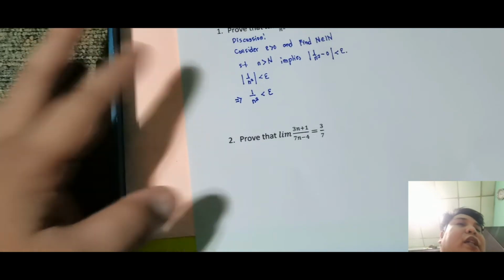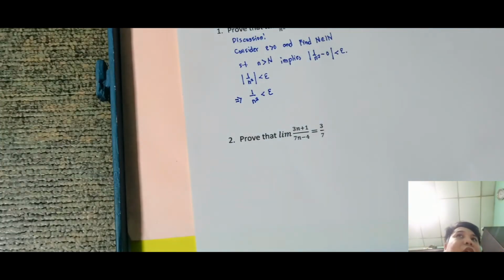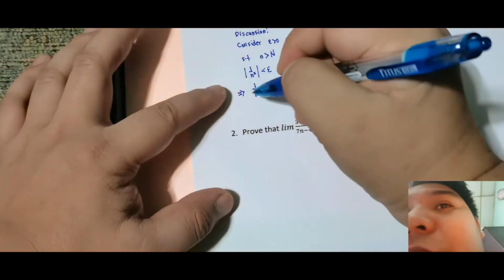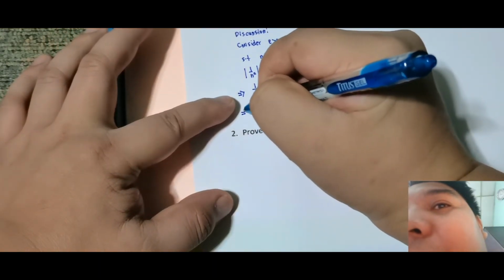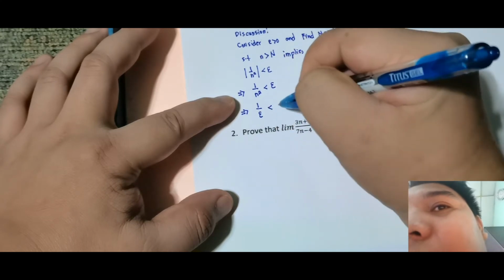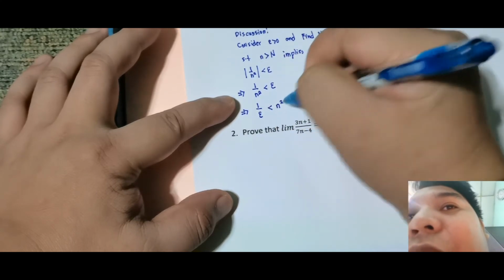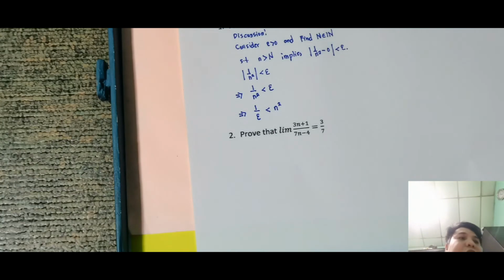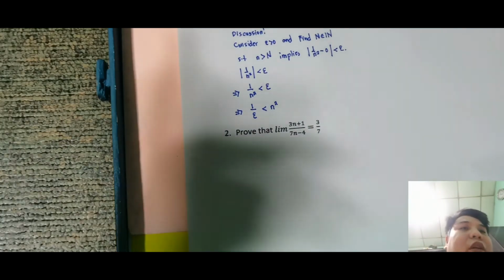Tama. Next is i-manipulate natin siya. Ang gagawin natin, dapat epsilon yung matira. Okay, so ang gagawin ko, this is 1 over epsilon less than n squared. Tama? So, cross multiply ko lang. Next is square ko lang both sides.